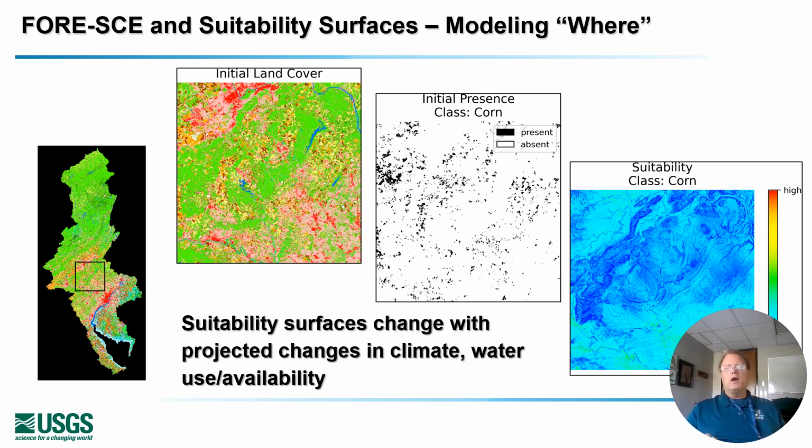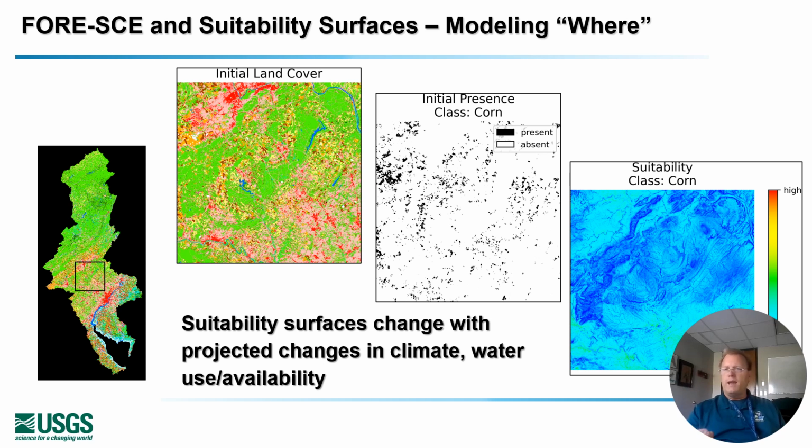4C, as a modeling capability, can have these suitability surfaces change over time as we have projected changes in climate, in water use, or water availability. For example, what you see on the right is a suitability surface for corn in the Delaware River Basin. That suitability surface is modified as the model iterates forward in time.